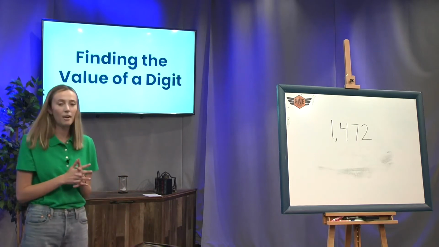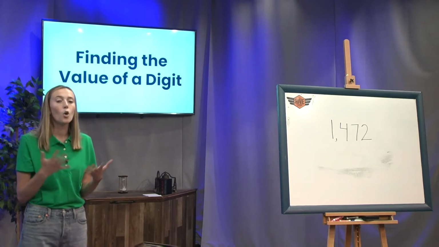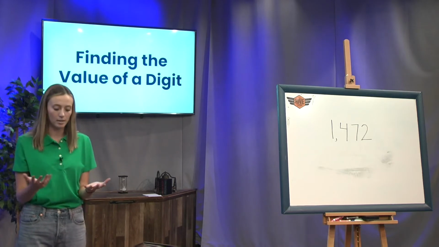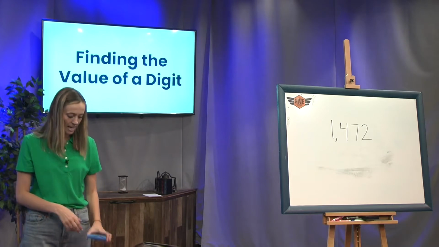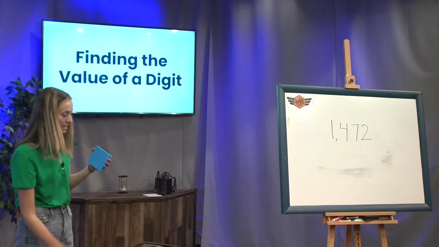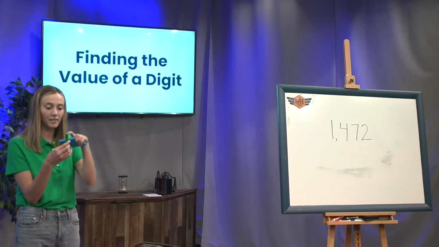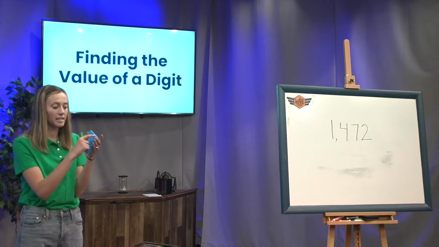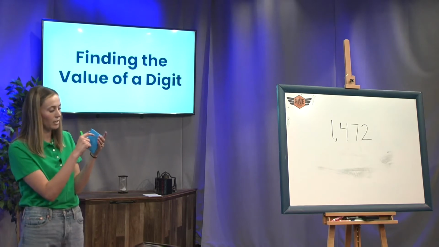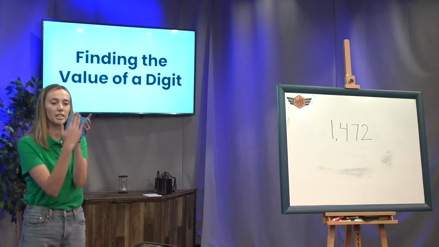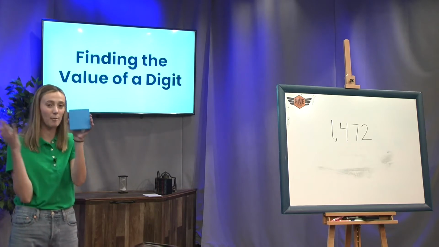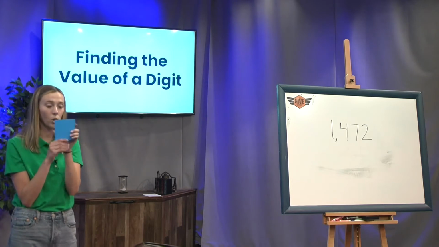Okay, now I need to represent the 4. What is the value of the 4? 400. So now I need to take, let's see, so now these have 10 of these, and each of these have 10. So 10 total, so 10, 20, 30, 40, 50, 60, 70, 80, 90, 100. So this represents 100, but we need how many for the 4? 400.